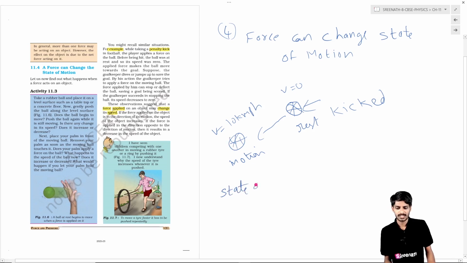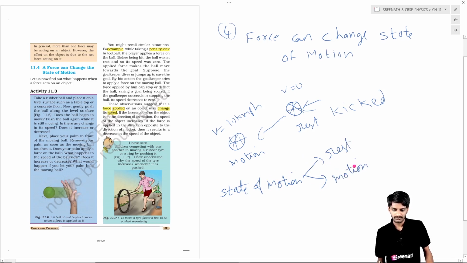Now what is meant by state of motion? State of motion means whether your state is rest or whether your state is motion. We know the rest position: if your velocity is 0, if you are not moving with respect to the surroundings, with respect to the ground, then you are in rest position.